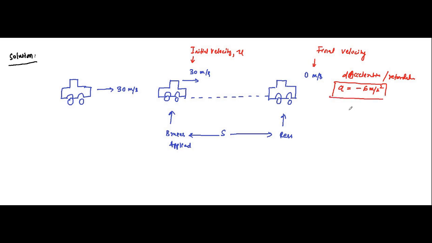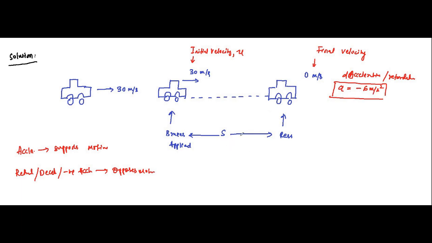Acceleration supports motion, it increases the velocity. Retardation or deceleration or negative acceleration slows down, it opposes motion. That's why here the sign is negative.